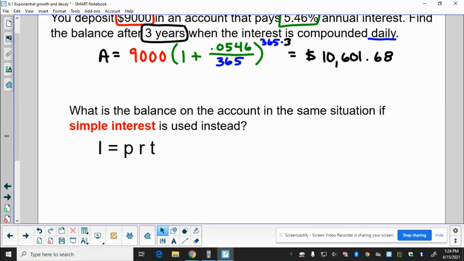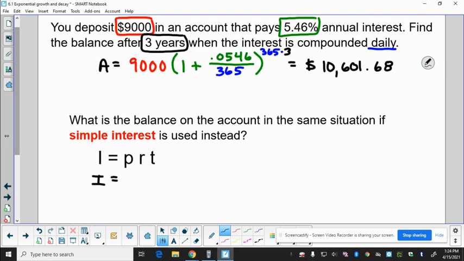So what these represent is the I represents the amount of interest that you are going to accrue in this situation. The P is the principal, which we know from above is 9,000. So I'll put that in parentheses. Everything's being multiplied together. R is my interest rate as a decimal, which is 0.0546.